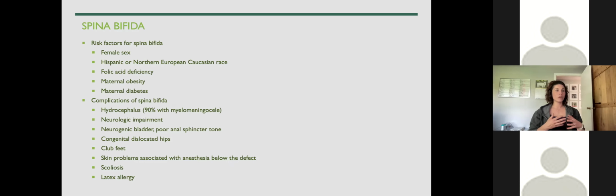So if you think about all that exposed skin and poor bowel and bladder control, it puts you at high risk for skin problems. They're also at risk for scoliosis because they have a skeletal deformity. And then these patients all have latex allergies. We automatically put them in latex precaution.